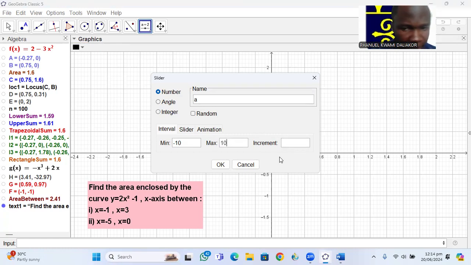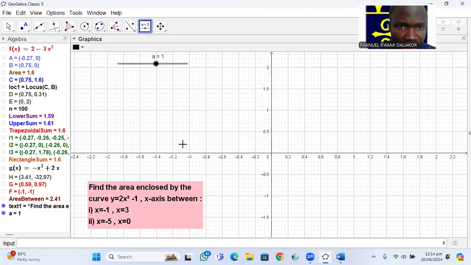That's the first one. And the increment will be 0.01.